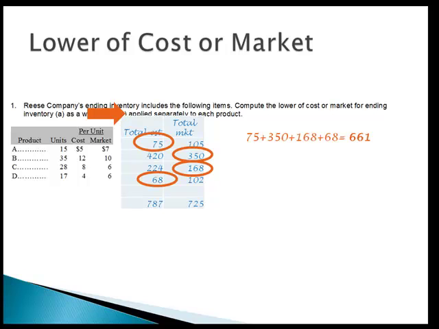Then you add those four up, so 75 plus 350 plus 168 plus 68 gives you 661. In this case, we would write down our inventory to $661. That's a pretty easy concept. If you need to pause and re-listen, that's basically all it is: you're just computing it either in total, 787 versus 725, or you go product by product and look for the lower.